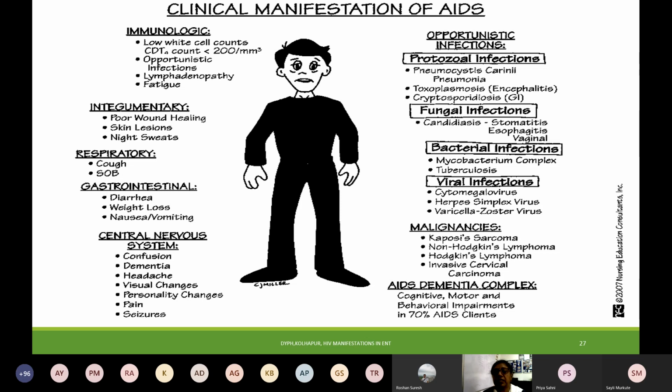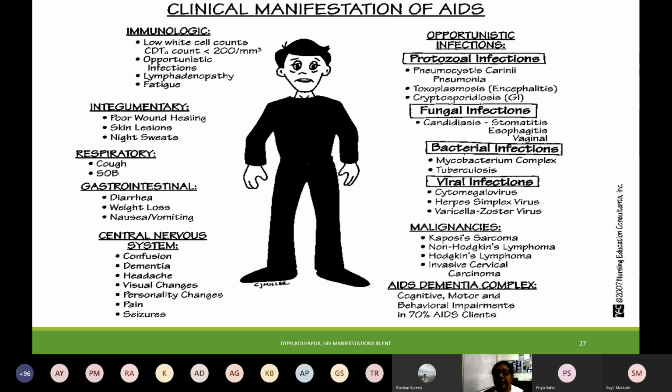When a patient comes with herpes simplex virus or Ramsay Hunt syndrome, infected with cytomegalovirus or varicella zoster virus, then you must think about HIV. The malignancies involved in HIV patients are Kaposi's sarcoma, which we have already discussed, non-Hodgkin's lymphoma, Hodgkin's lymphoma, and invasive cervical carcinoma.